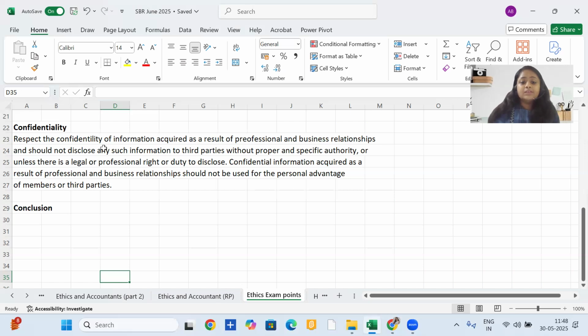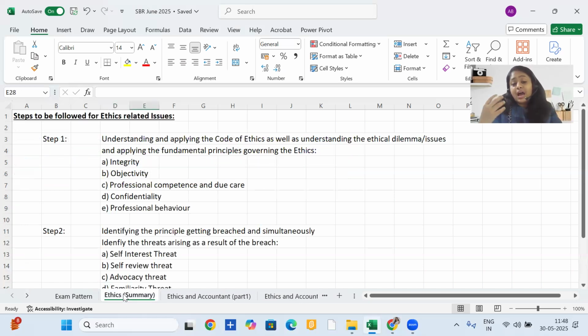Therefore, confidential information acquired as a result of professional relationships should not be used for personal advantage by the members or third parties. Remember, personal advantage is a very key factor to know whether there is a confidentiality breach or not. I hope now everyone is absolutely clear about these five principles.